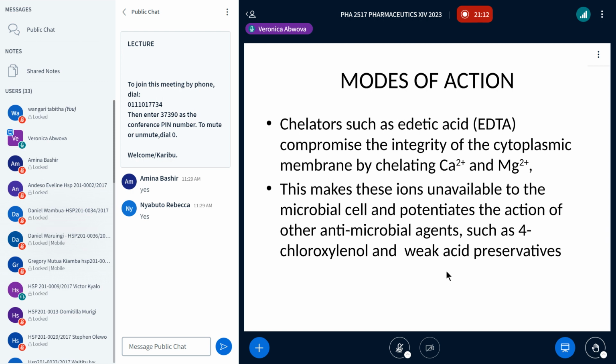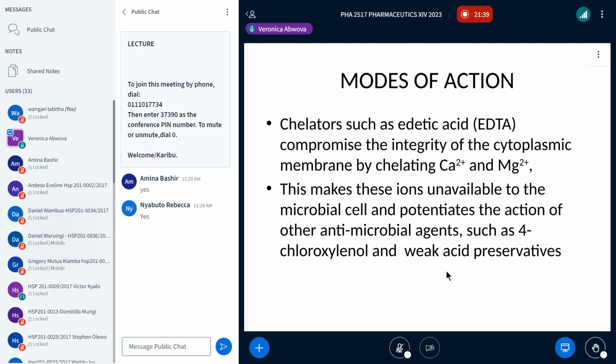But now when you get EDTA, which is going in and chelating out these ions, the processes where these ions are required will be affected. So this makes these ions unavailable to the microbial cell and potentiates the action of other antimicrobial agents such as 4-chloroxylenol and weak acid preservatives.